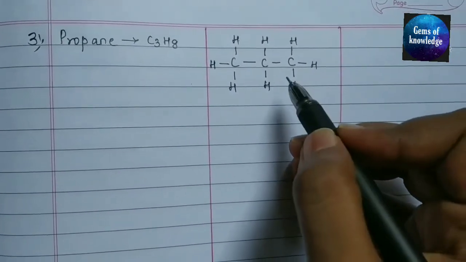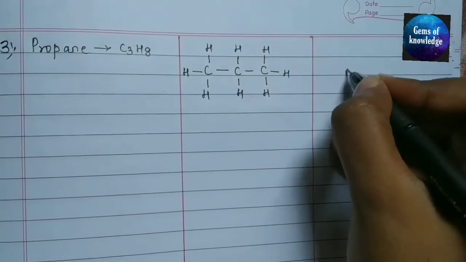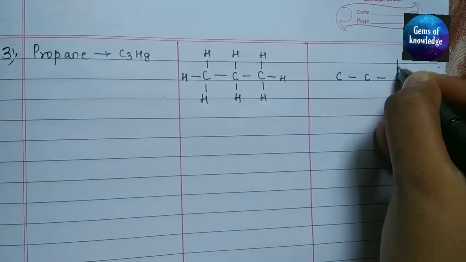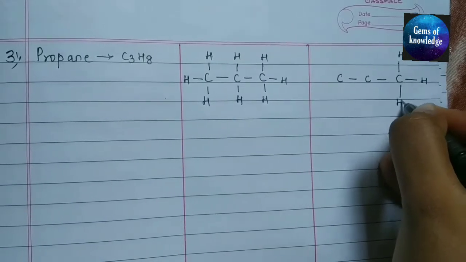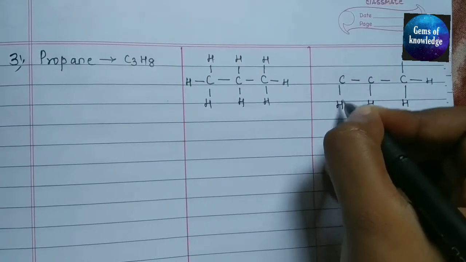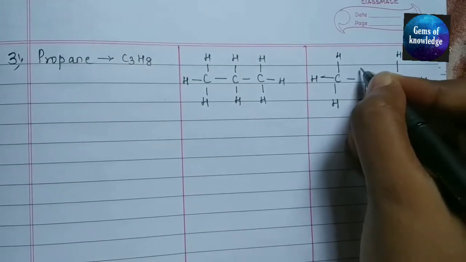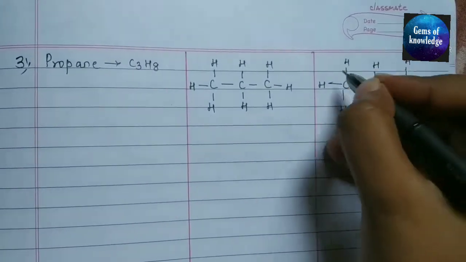Next, the electron dot structure for this itself. So the same way, we are going to draw once more. Okay, now let us draw the dots here.